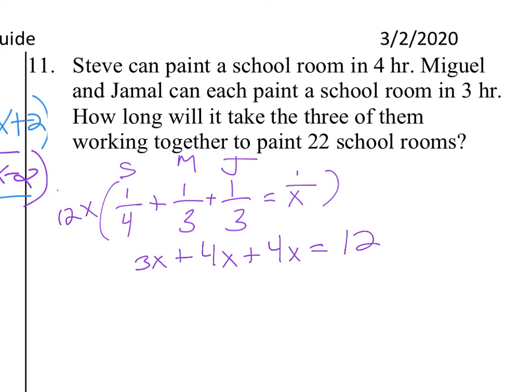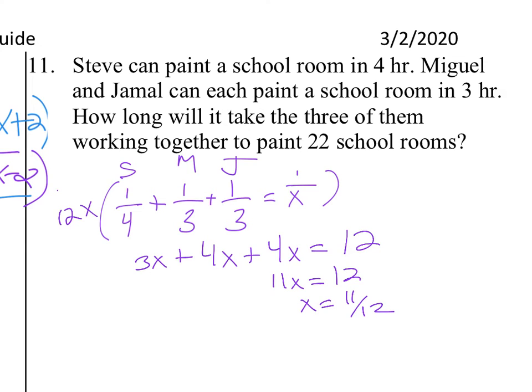So 4 and 4 is 8, plus 3 is 11. I have 11x equals 12, so I have 11/12 rooms in 1 hour.